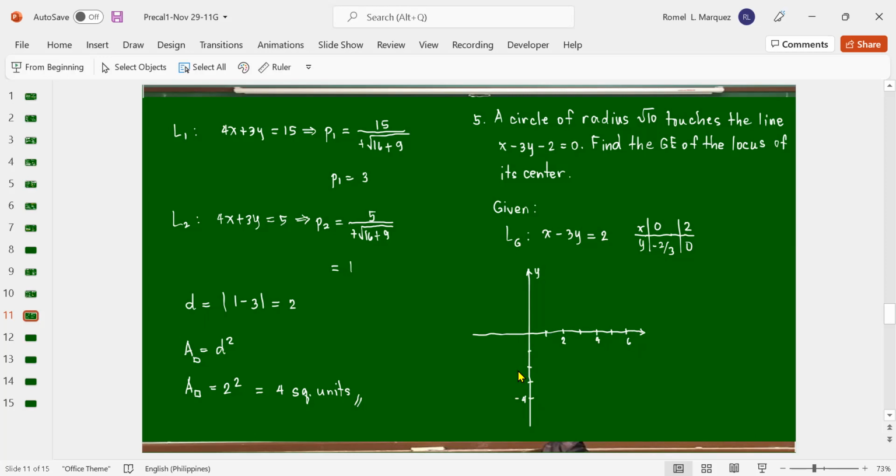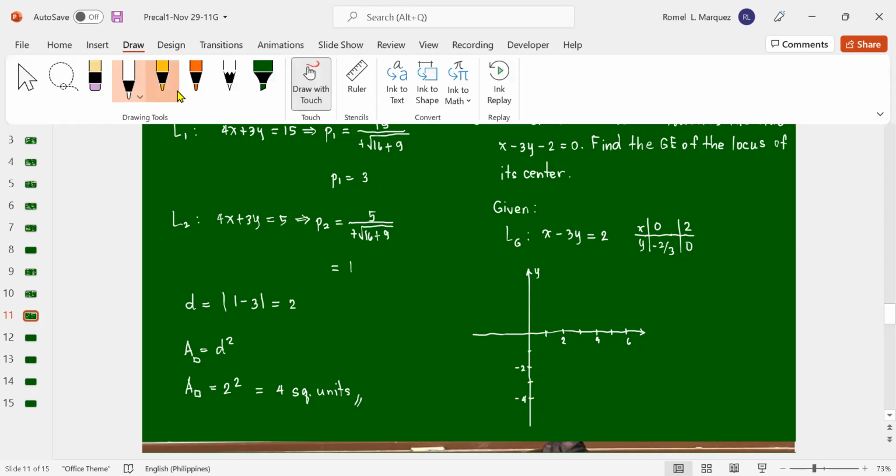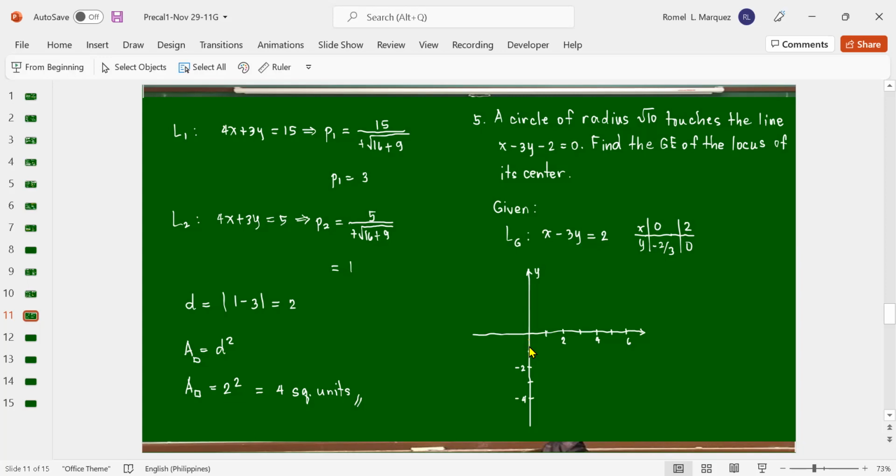So this is negative 2. We have (0, negative 2/3). So 1, 2. So negative 2/3 is here. And then (2, 0). So this is the given line.